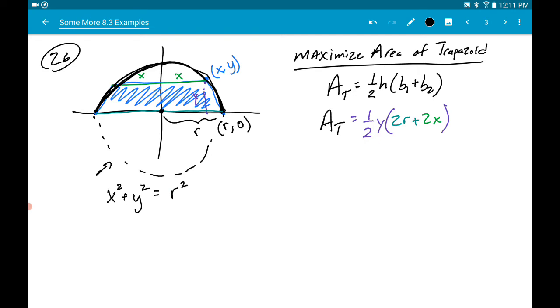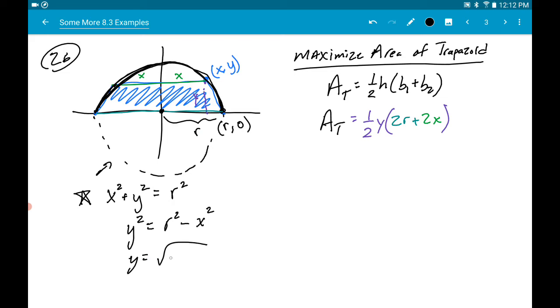Again, r is some arbitrary radius. If r was 2, it'd be 2 squared. But the real important thing is I have a connection between x, y, and r. So there's a few ways to do this, but just kind of take it a step further. I could write y squared like this.